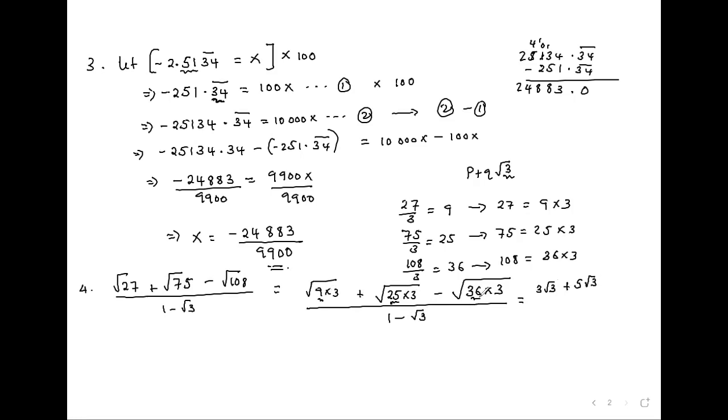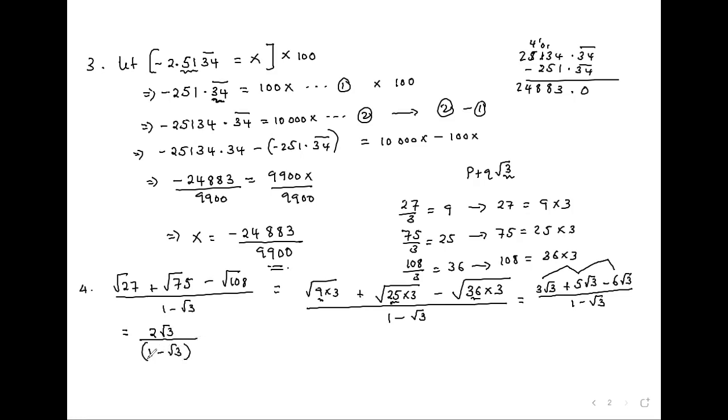The root of 36, it is 6, root 3 remains inside, over 1 minus root 3. Since we have 3 root 3, 5 root 3, 6 root 3, we can add the coefficients. So 3 plus 5 is 8, 8 minus 6, we get 2 root 3 over 1 minus root 3.